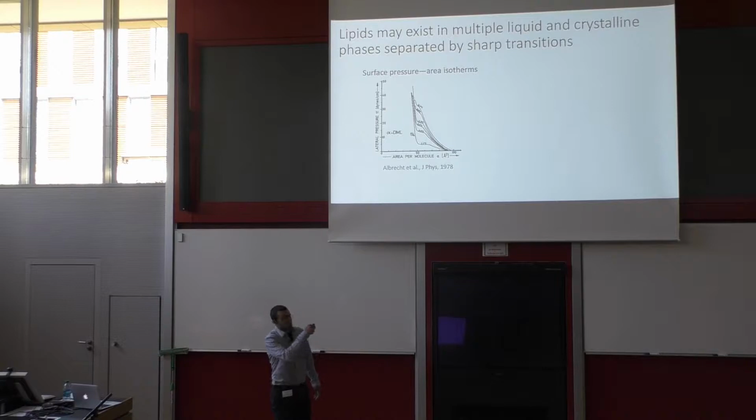Every point in this graph represents a macroscopic state of the system. We have one phase over here and another phase over here, and they are separated by sharp transitions. They're almost horizontal lines. In the monolayer nomenclature, this is called the liquid expanded phase, and this is called the liquid condensed phase.